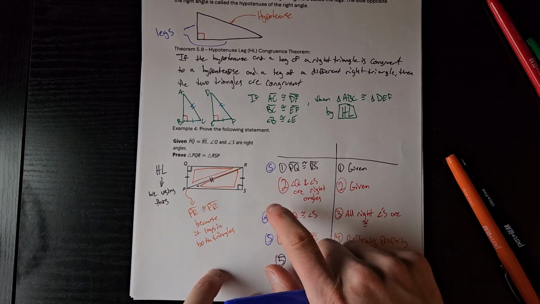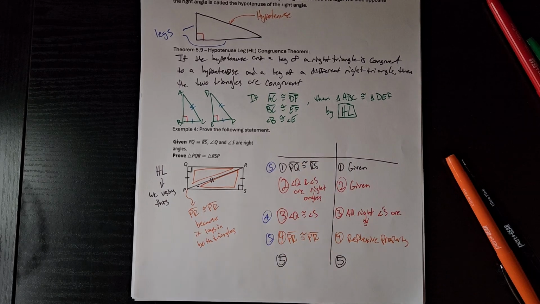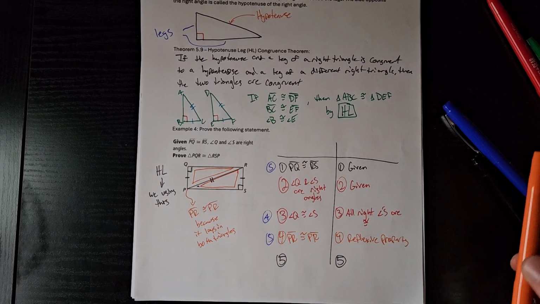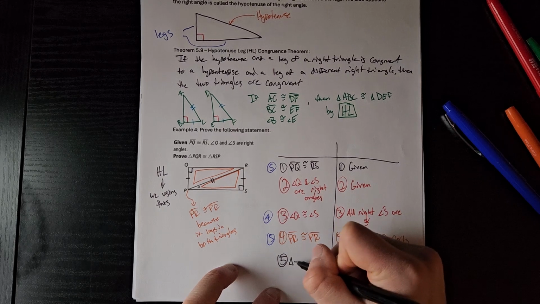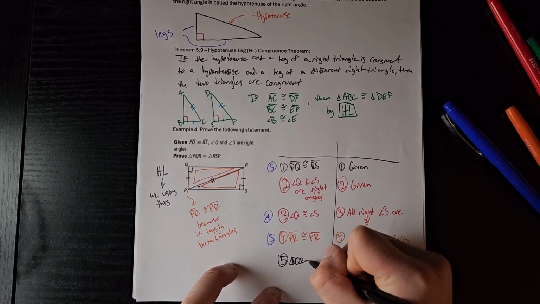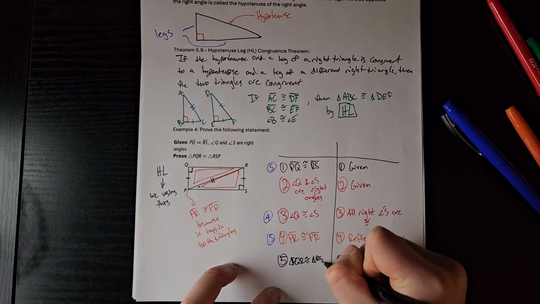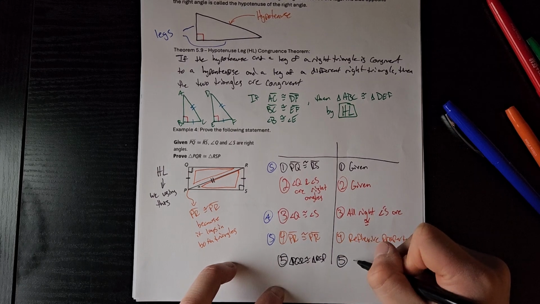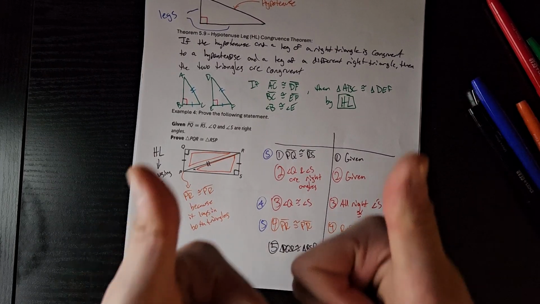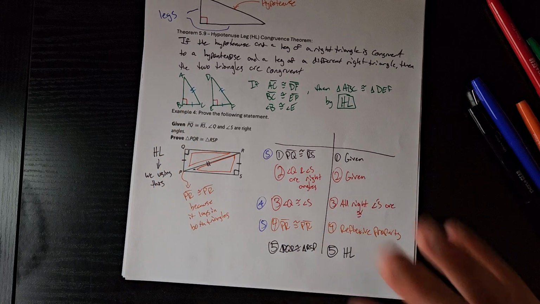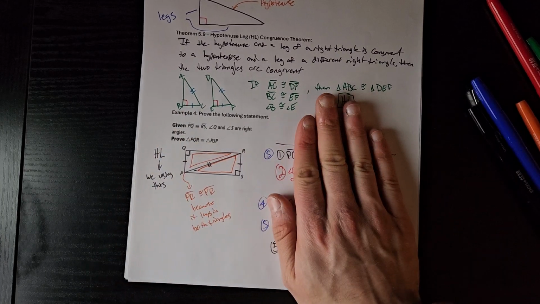I'm just making sure I have an angle, a side, and a side that I'm working with. But I can finish my concluding statement saying that my triangle PQR is congruent to my triangle RSP by the hypotenuse leg theorem. Good. Do these problems without even thinking of your proof first.